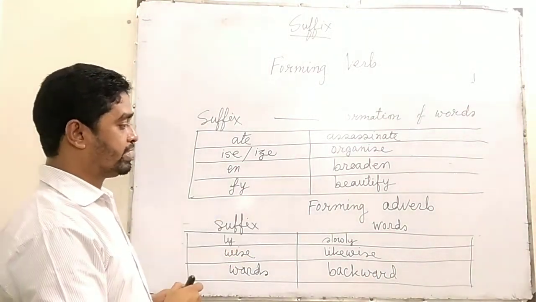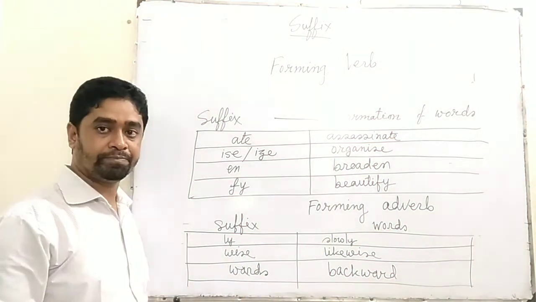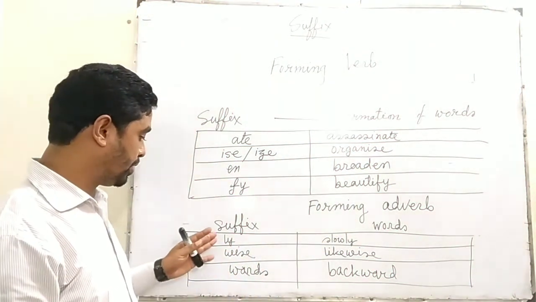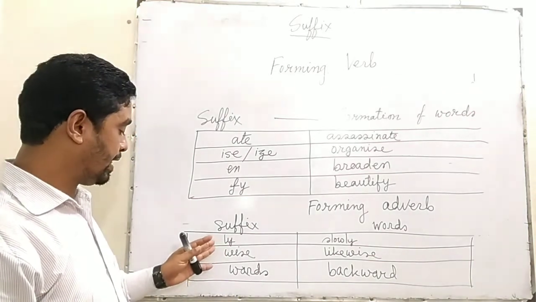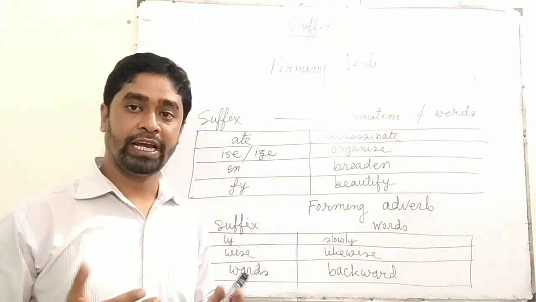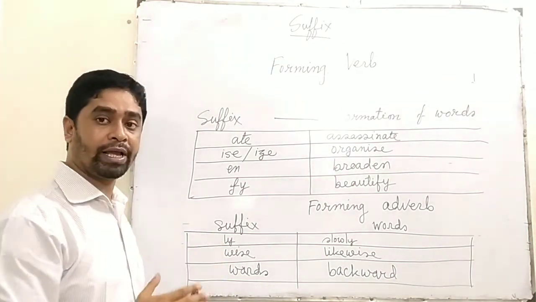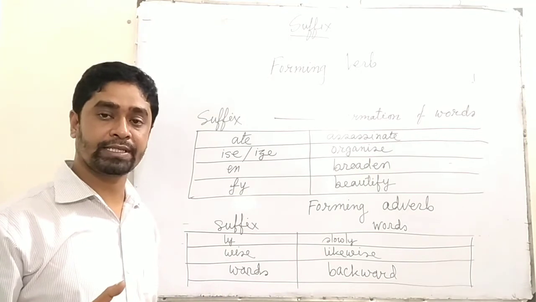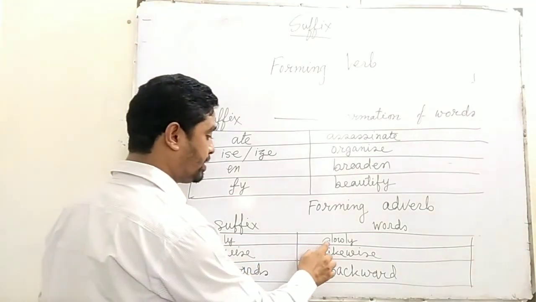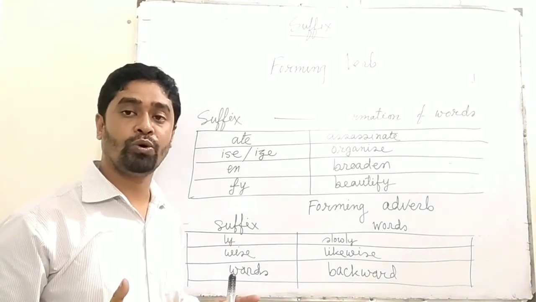Now we see forming an adverb. There are some suffixes, and they have created an adverb. For example, ly, it is a suffix, and it has created an adverb, slowly.